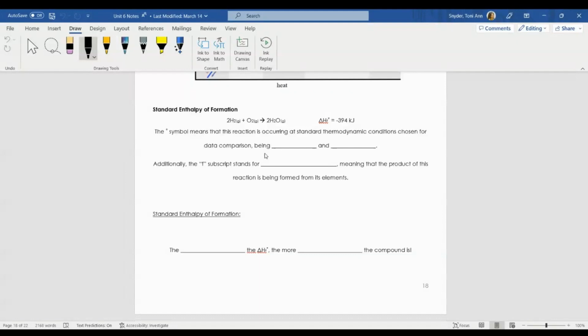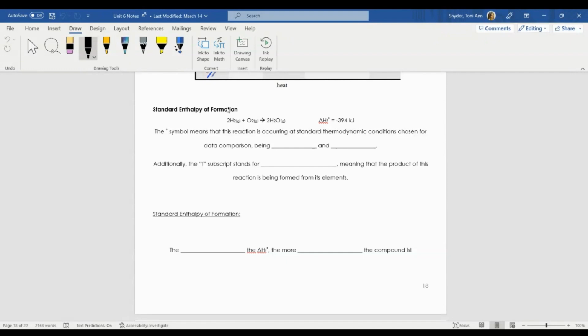So we've talked about heat of reaction, and we've talked about heat of solution and heat in general and calorimetry and all of that. We're going to kind of bring this back a little bit because I think this video might be one of the easiest of all of them, because we're putting together things we've already done. And let's talk about what the standard enthalpy of formation means.